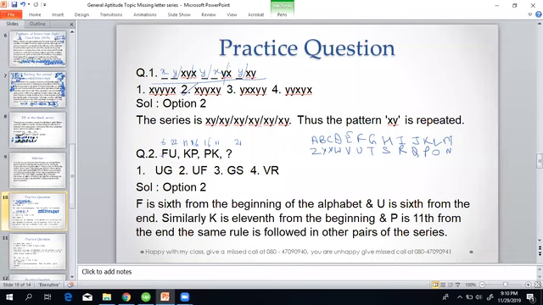F is at the 6th position from the left hand side and U is at the 6th position from the right hand side. 1, 2, 3, 4, 5, 6. So both are at the 6th position from the left hand side and the right hand side. K is at the 11th position from the left hand side and P is at the 11th position from the right hand side. So here also P is at the 16th position.